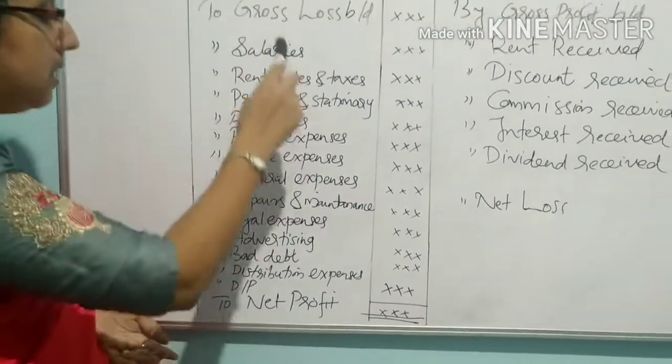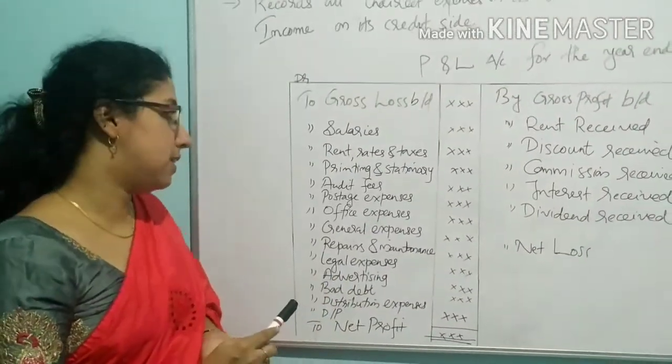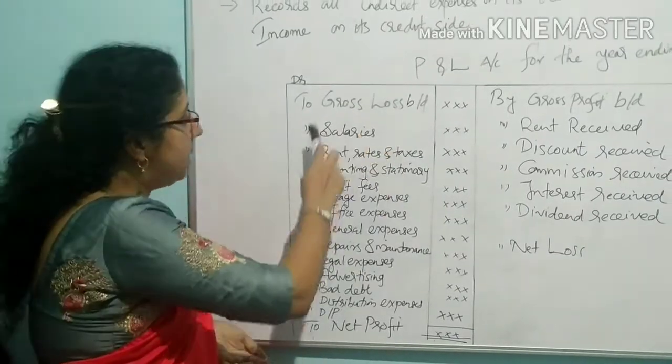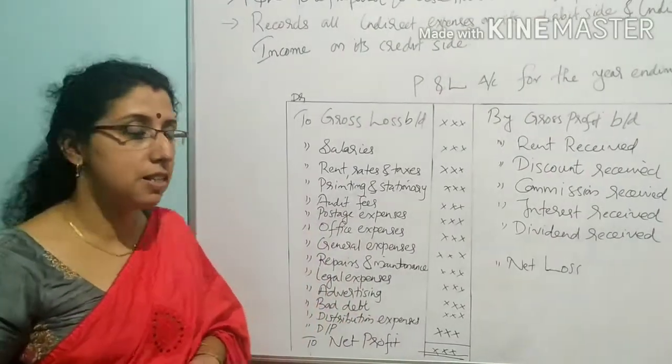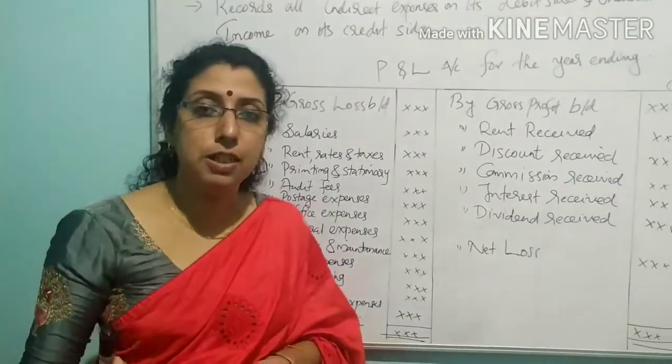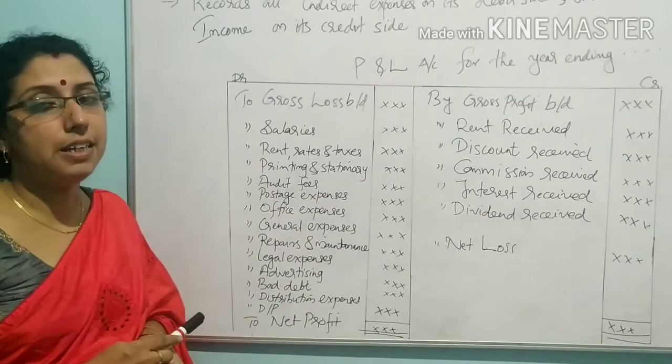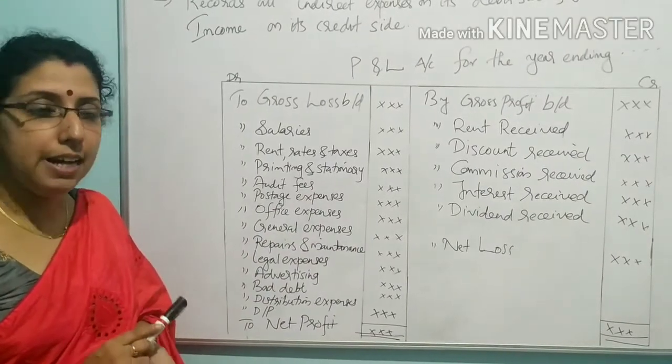Okay. These are some of the indirect expenses. See, the debit side usually records office expenses, administrative expenses, selling expenses, distribution expenses, etc. They are indirect expenses. They are not direct expenses.